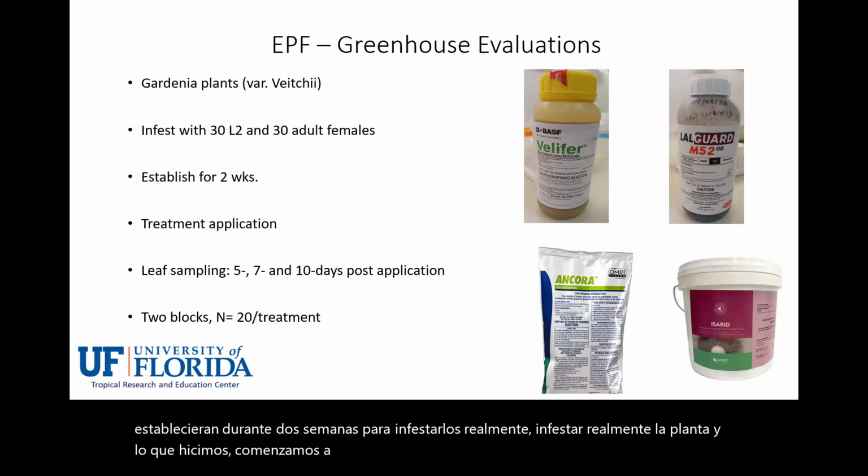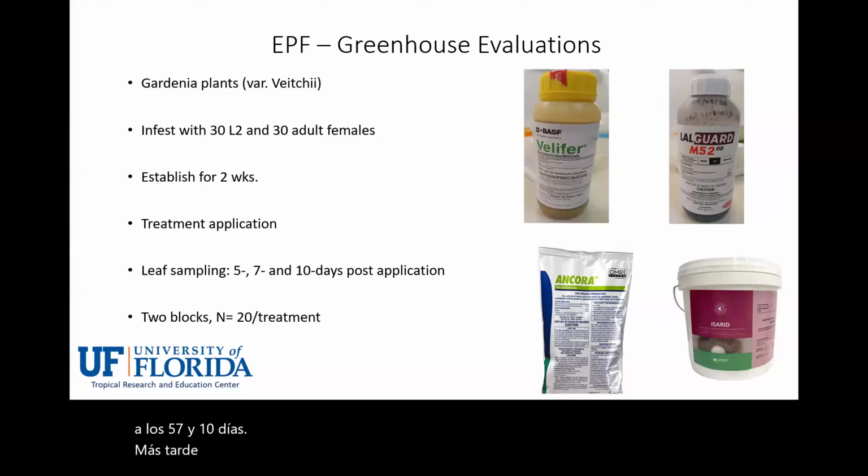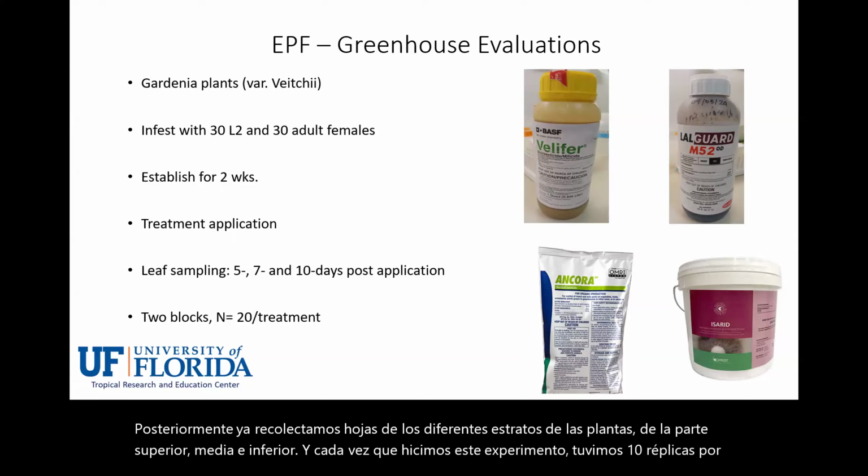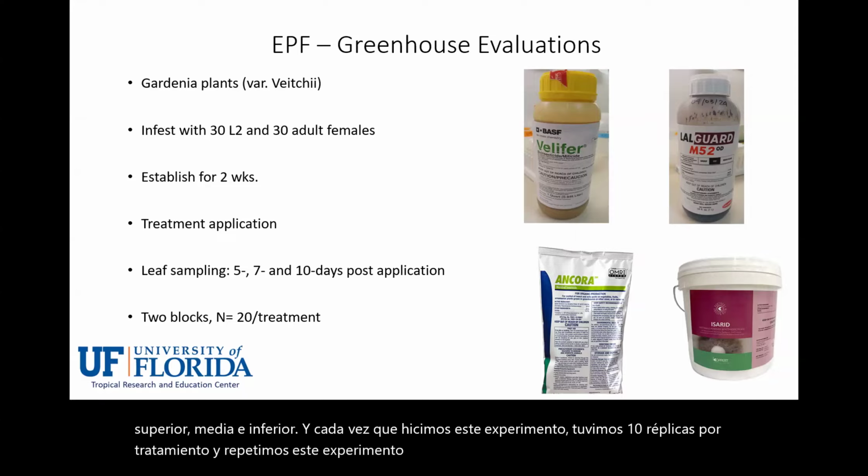We started sampling 5, 7, and 10 days later. And we collected leaves from the different strata of the plants, from the top part, the middle, and the bottom. And every time that we did this experiment, we had 10 replicates per treatment, and we repeated this experiment twice. So we had in total 20 replicates per treatment.